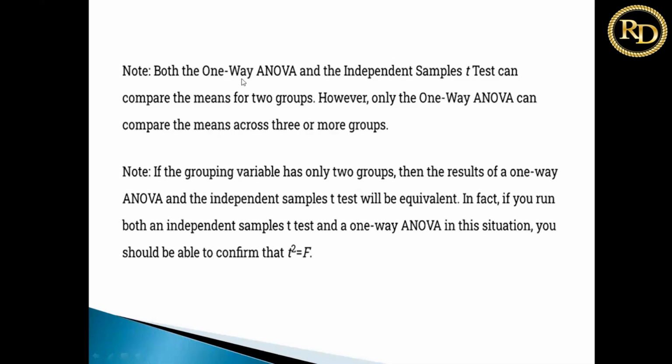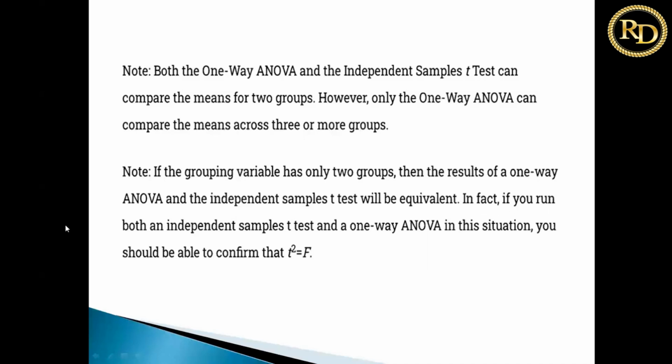Note that both the one-way ANOVA and the independent sample t-test can compare the means for two groups. However, only the one-way ANOVA can compare the mean scores of more than two groups. If the grouping variable has only two groups, then the results of a one-way ANOVA and the independent sample t-test will be equivalent, as we have discussed earlier.